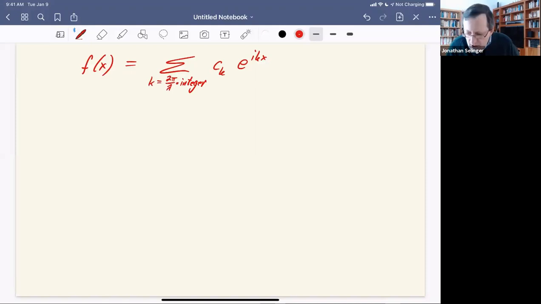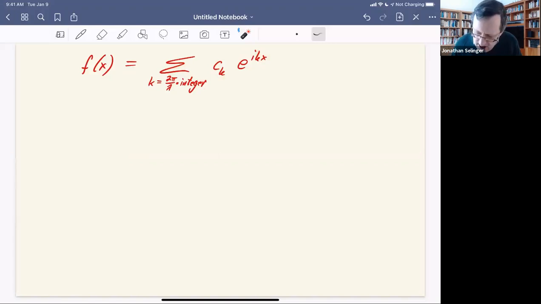So this is a sum over an infinite number of k values. The thing in this sum is nice and simple looking, but the allowed values of k are what I've written down there: 2 pi over lambda times an integer.